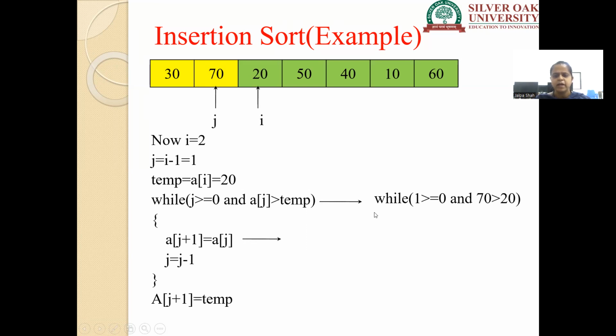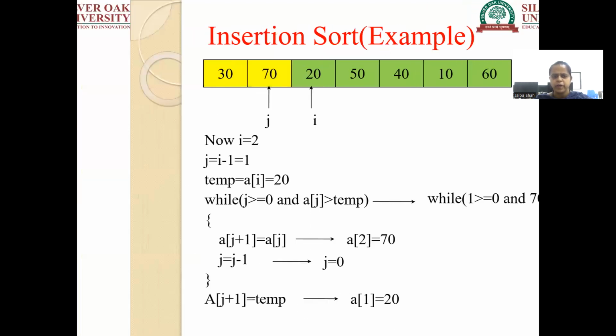So the condition becomes true. So A of 2 will become 70, J will become 0, and A of J plus 1 will become temporary. So that is A of 1 is equal to 20.